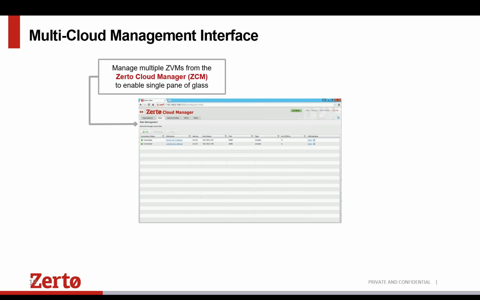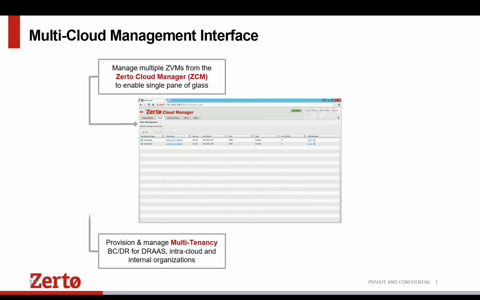You install one Zerto manager for each of them, but you can add all of the Zerto managers in here to give you that central location and that central interface for managing all of the replication, the recovery, and it also allows you to provision and manage the multi-tenancy for DRaaS, intra-cloud, and just general BCDR for internal organizations.